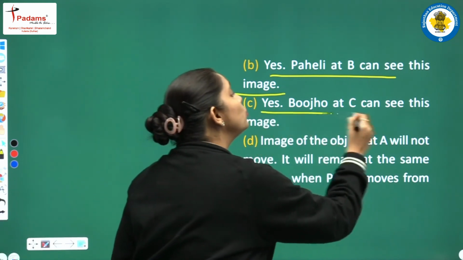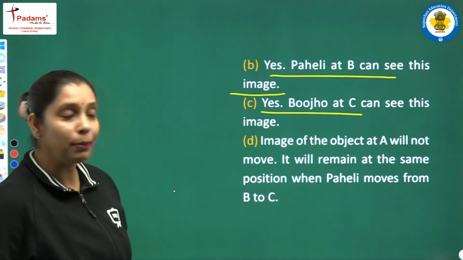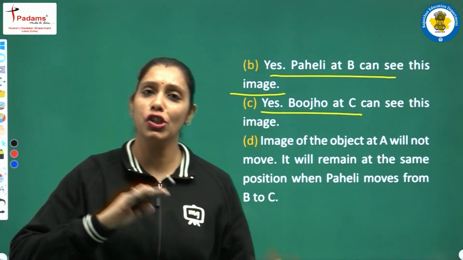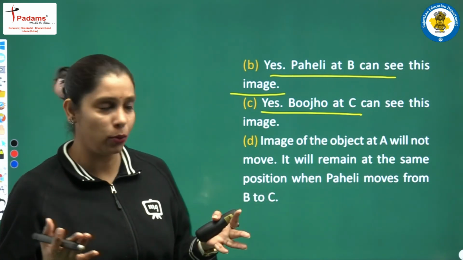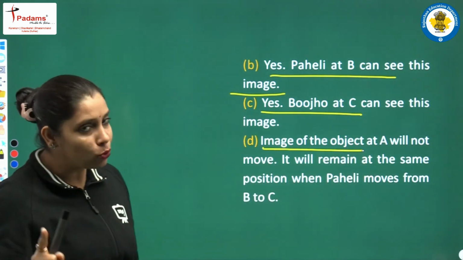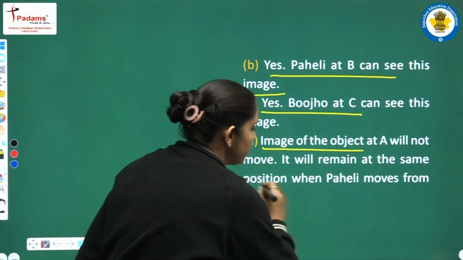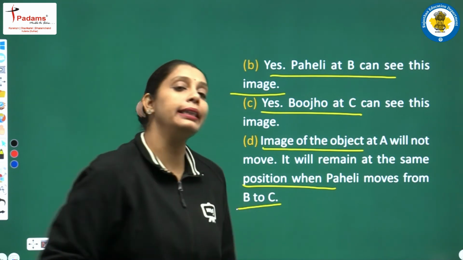Yes, बूझो at C can see this image. Clear everybody? लास्ट हमारा ये था कि अगर बूझो और पहेली अपनी पोजीशंस चेंज कर लेते हैं तो ए का जो इमेज है वो कहाँ फॉर्म होगा? सो स्टूडेंट, द इमेज ऑफ ऑब्जेक्ट ए विल नॉट मूव, इट विल रिमेन सेम at the same position when paheli moves from B to C.